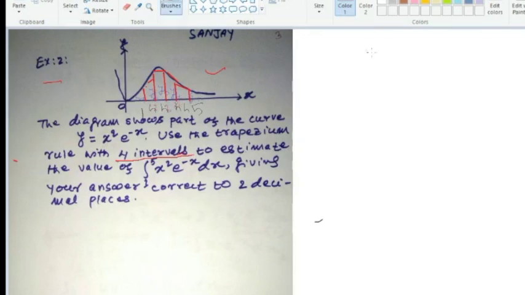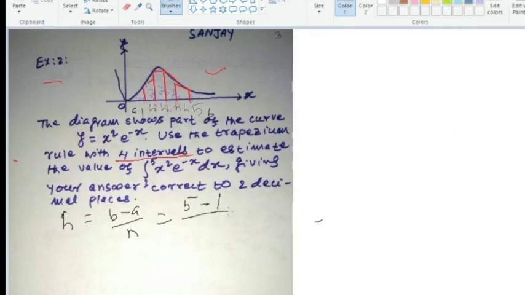So what will be the value of h in this case? If you would like to find the value of h, it is going to be b minus a, divided by n. Here b is 5 and a is 1, because it says 1 to 5.